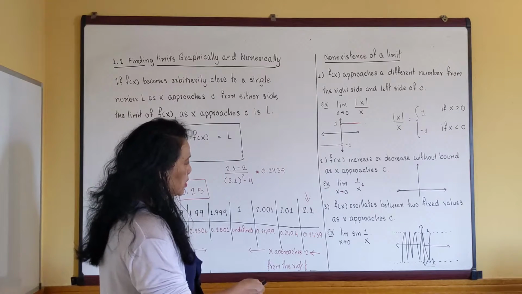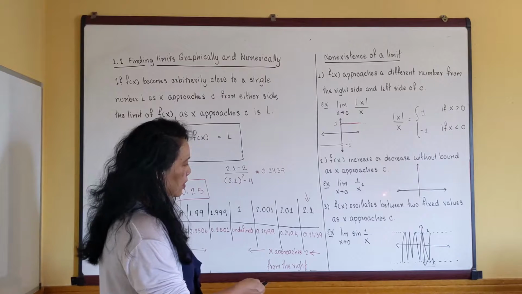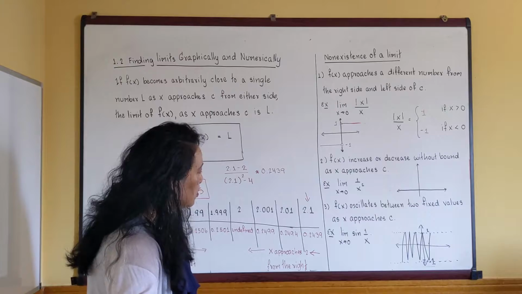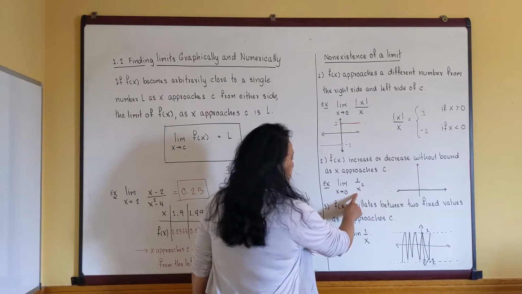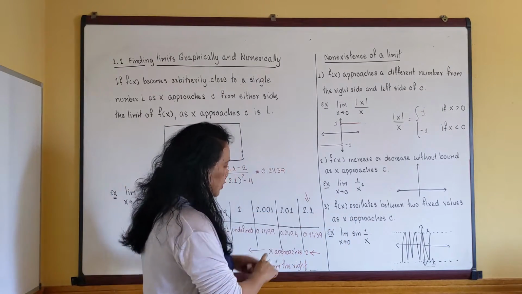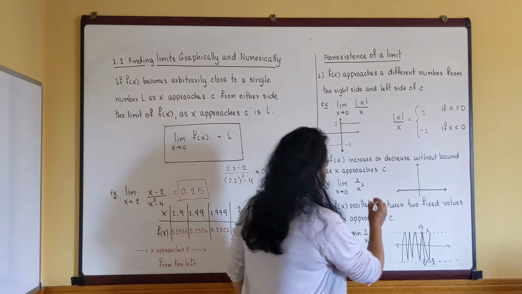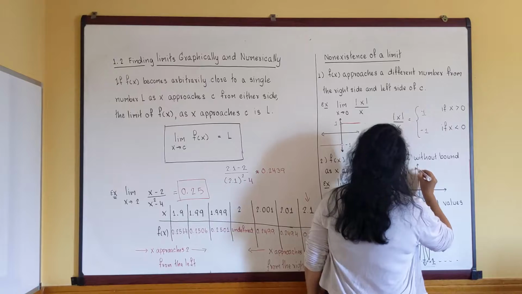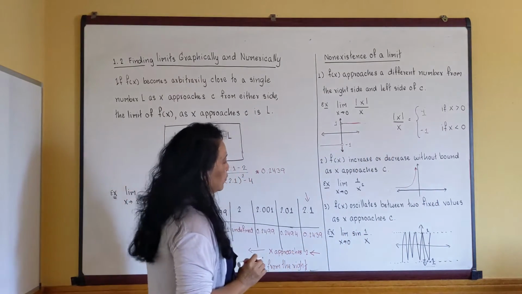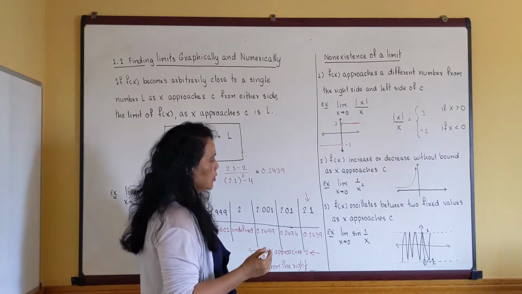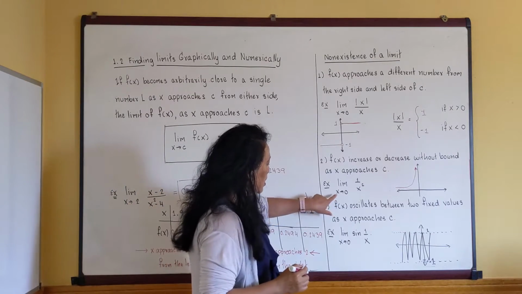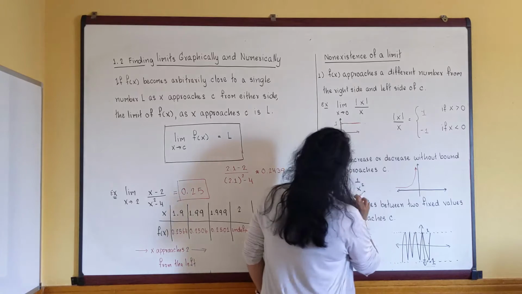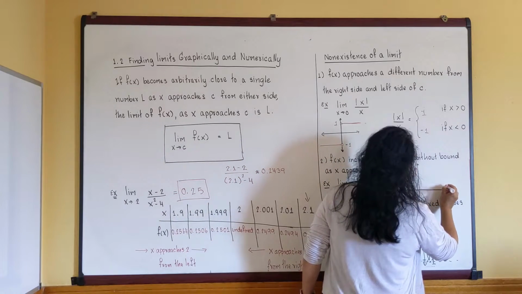As x approaches 0 from the left, if you pick a very small number and plug it in here, as it gets closer and closer to 0, your number is going to get bigger and bigger. The graph will look like this. Now from the right, as x approaches 0, as the number gets closer and closer to 0, this number will get bigger. So your graph will look like this.